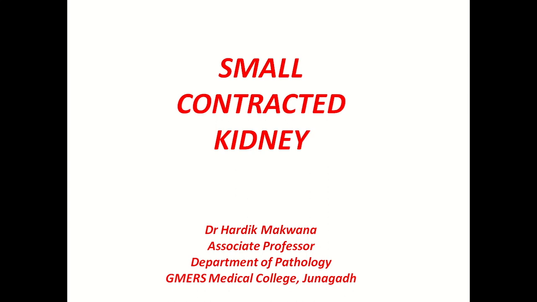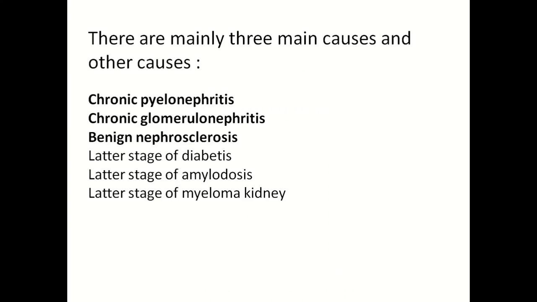So what is small contracted kidney? I have already told you that the normal kidney dimension is approximately 12 into 6 into 3 centimeter in size. And if we talk about the weight of the kidney, the normal weight of the kidney in male is 150 gram, while in female it is around 125 gram, right?